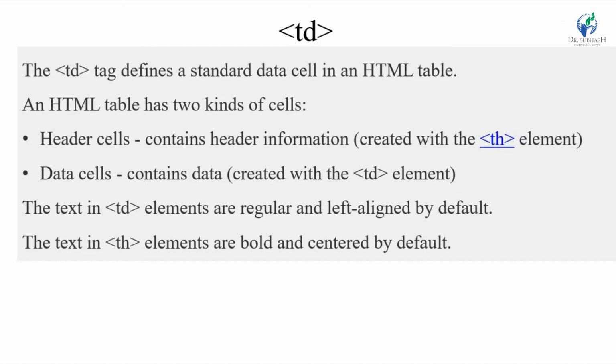So if you write those three texts inside the th tag, or with the help of the th element, then that text comes in bold and it will be center aligned by default, right? So regular data is going to be displayed with the help of the td tag, and your header cell, the heading of your columns, is going to be displayed with the help of the th tag.